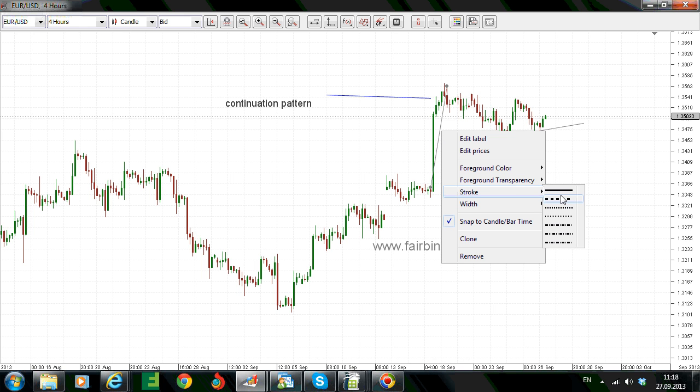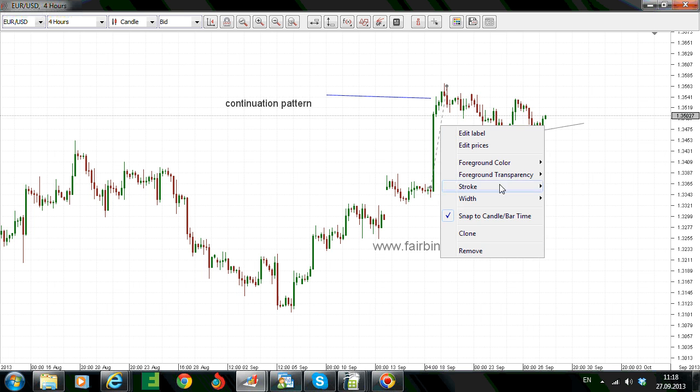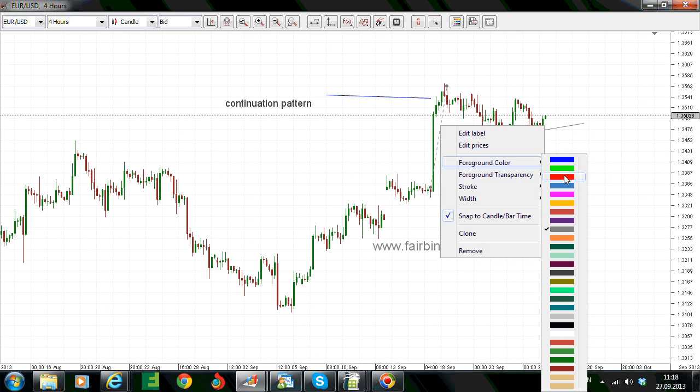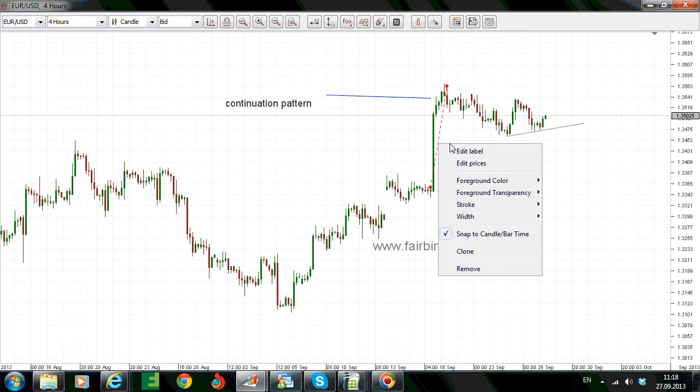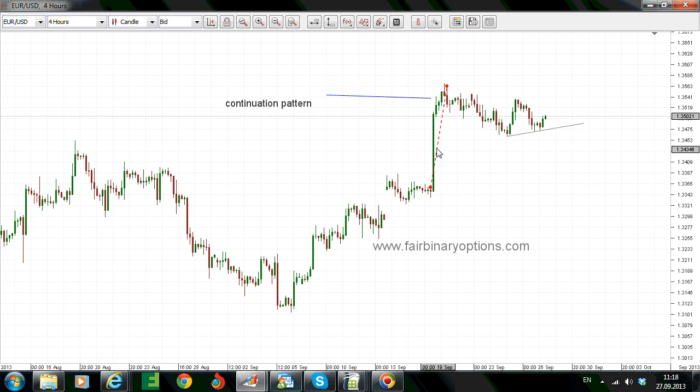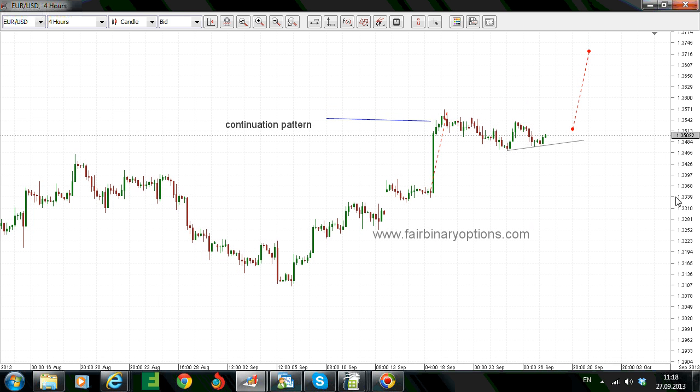Let me change the stroke here, and let's change the color. So we are looking for this kind of move to come after the triangular formation is broken, and normally our triangle looks like that.